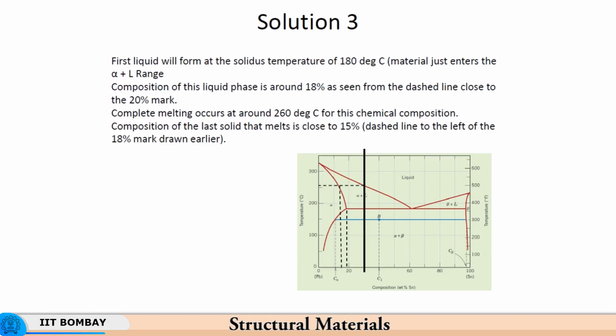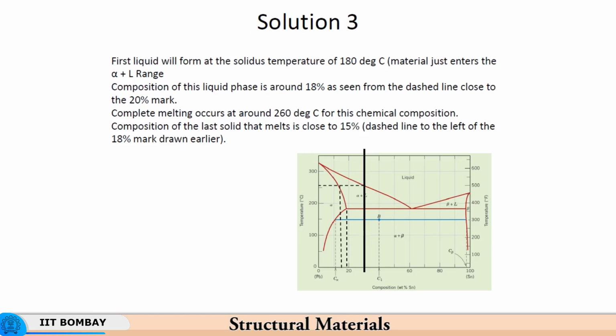So, it will go from 15 to 18%, and then as cooling progresses further, because of the reduction in solubility of tin in lead, the percentage of tin will start reducing. So, this is what will happen when we cool down. So, this is how we use the phase diagram for cooling.